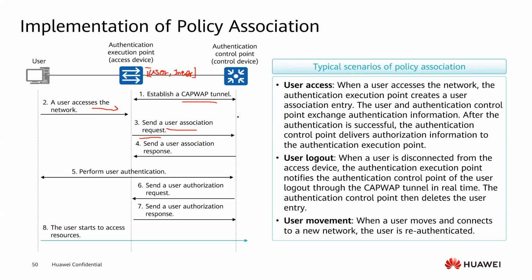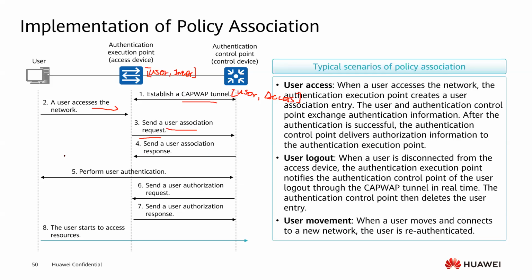When the control device receives it, it will create a user association entry to save the mapping between the user and the access devices, and then return a user association response to notify the access devices of a successful association.